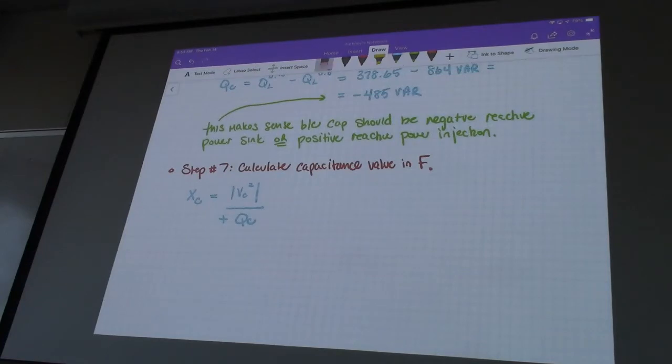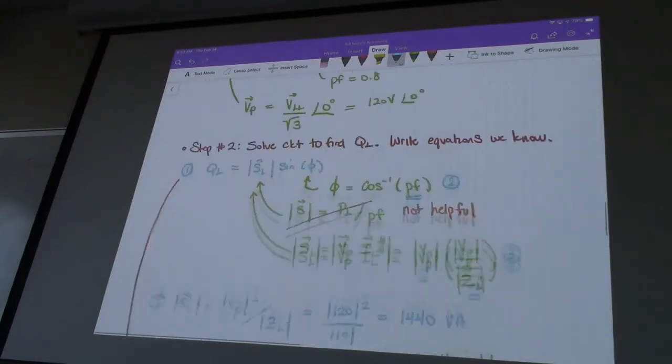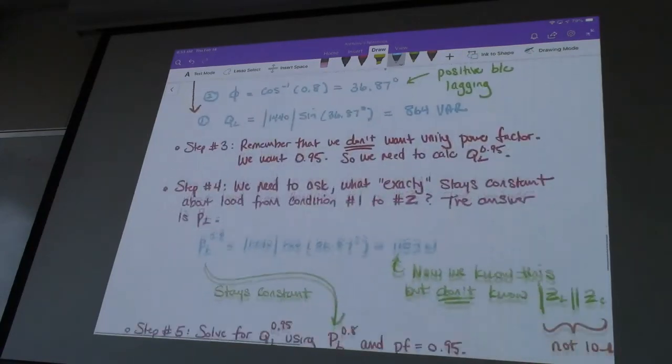No. I keep trying to skip steps, and I'm tripping myself up on the math. I apologize. Okay, and so what is that? The voltage should not be changing because the source is directly across the load, so that's 120 volts.